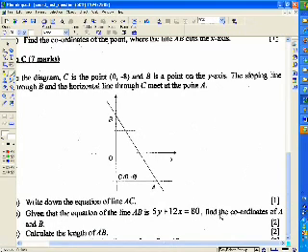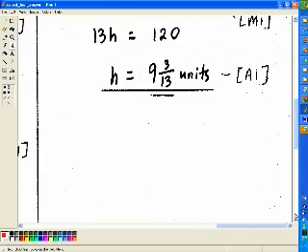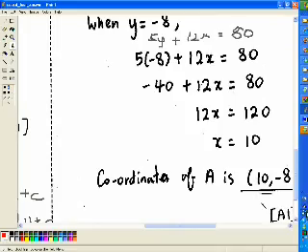Having done that, we take a look at the last two questions. C. Calculate the length of AB. Calculate this length. Okay, by now this should be quite simple. Since you know the 2 points, you just use the formula.